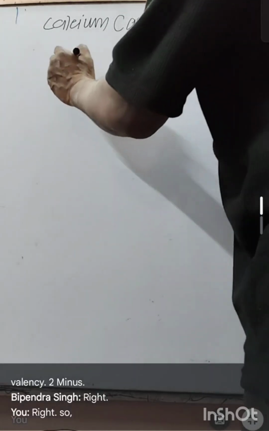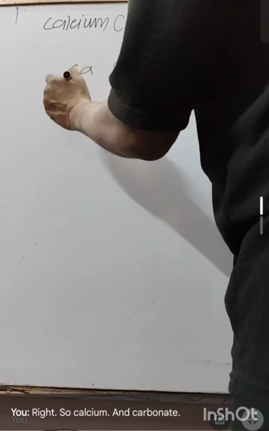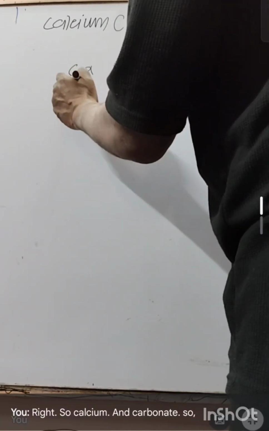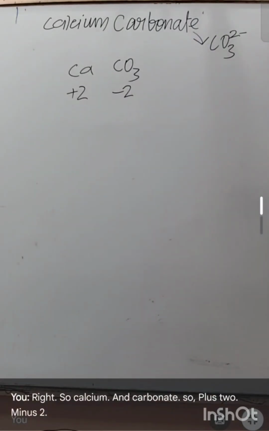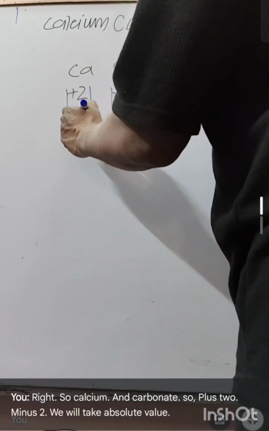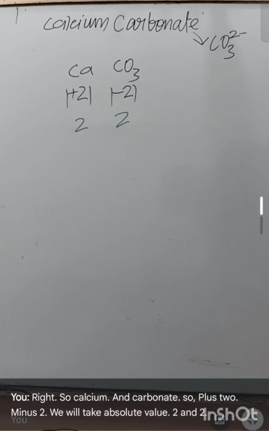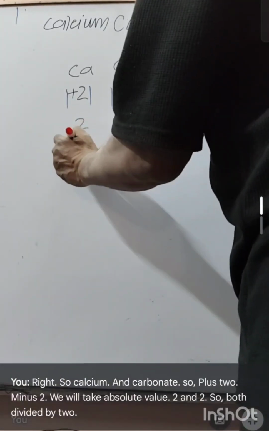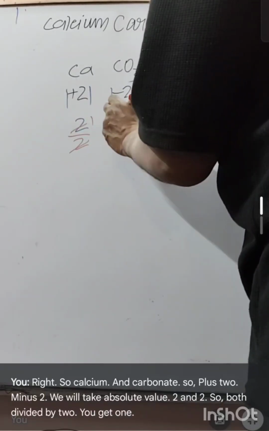So calcium and carbonate. So +2 -2. We will take absolute value, 2 and 2. So both divided by 2, you get 1.